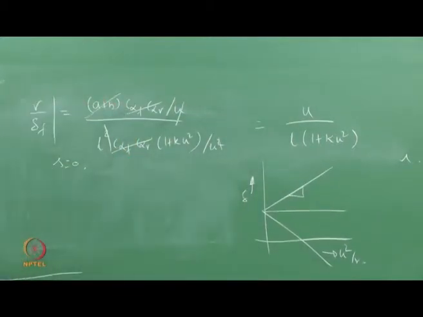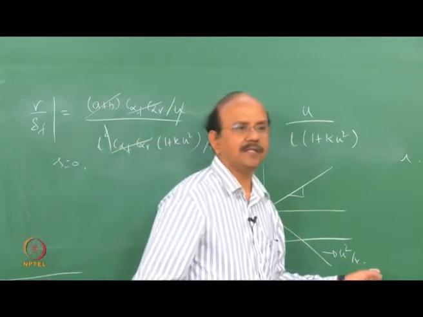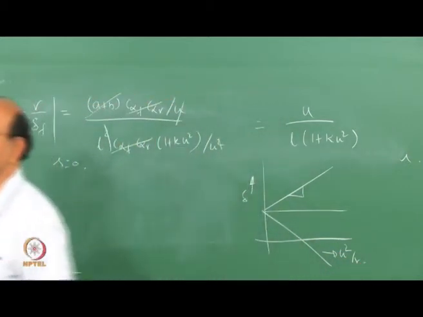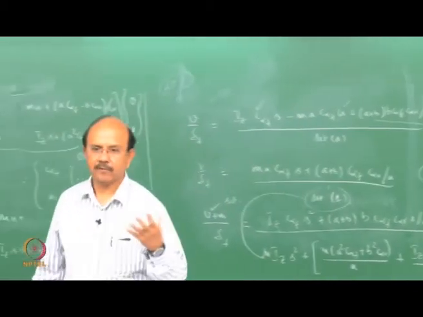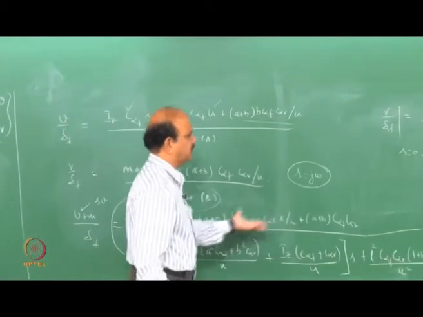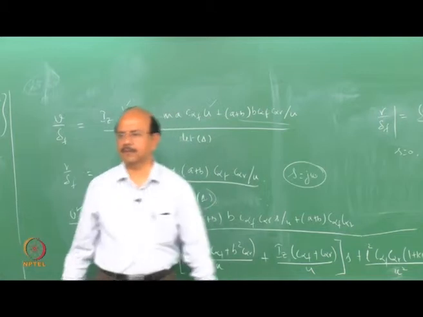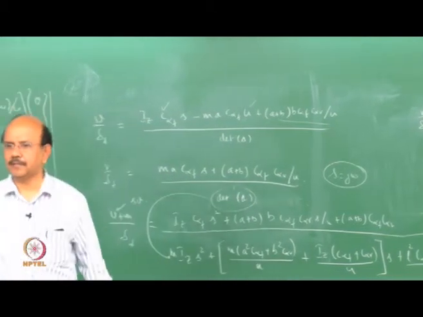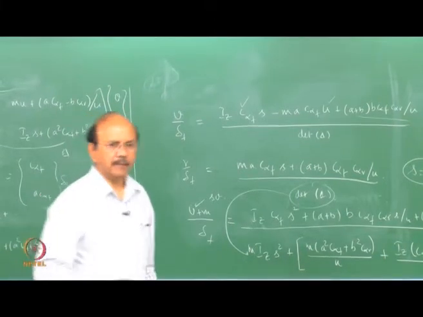That's the K. Because it is the gradient in the graph between delta versus the lateral acceleration, we call this the understeer gradient. People sometimes call this understeer coefficients, it doesn't matter. But remember that's the word that is used.